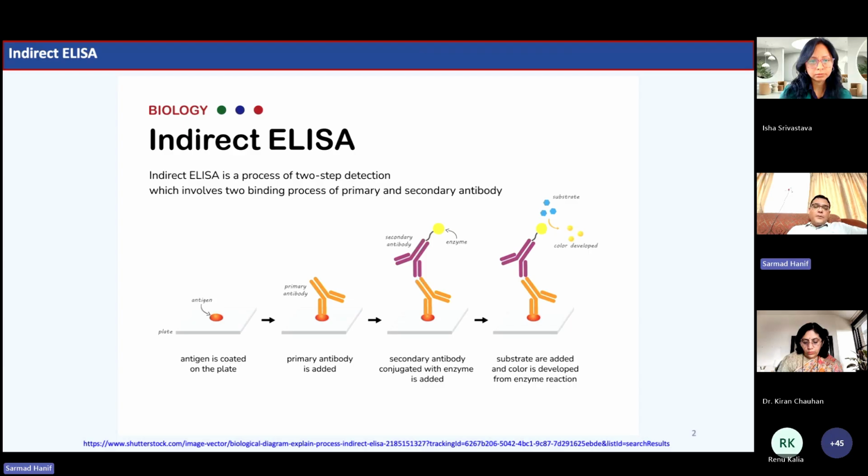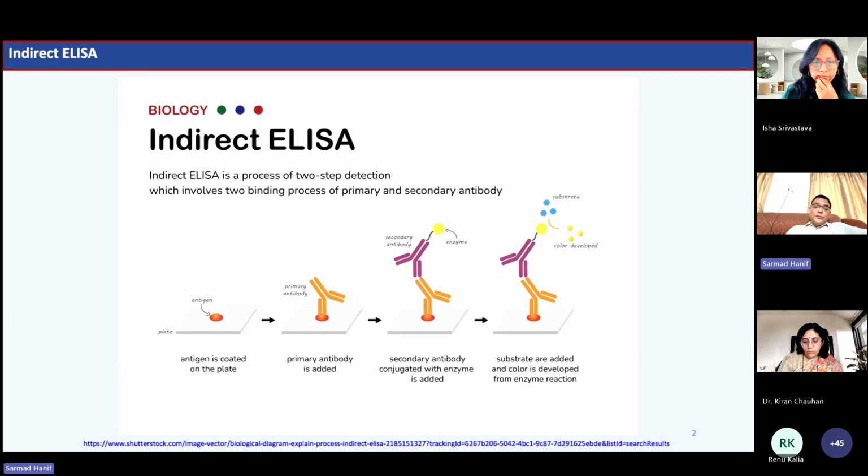Why am I saying animals or humans? Because when we develop the vaccine, generally the vaccine is seen first in the animals. Whatever the suitable animal model is, we see the immune response in that. We inject our vaccine, and after a certain period of time we take the antibodies which are present in the sera.